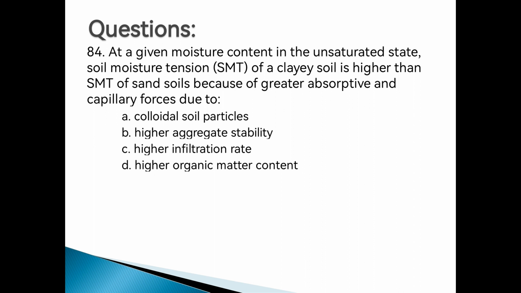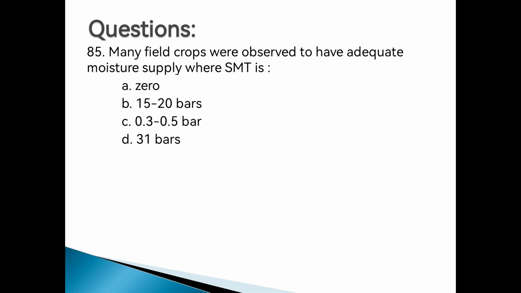The correct answer is A. Colloidal soil particles. Number 85. Many field crops were observed to have adequate moisture supply where the soil moisture tension is: A. 0, B. 15 to 20 bars, C. 0.3 to 0.5 bars, D. 31 bars. The correct answer is C.